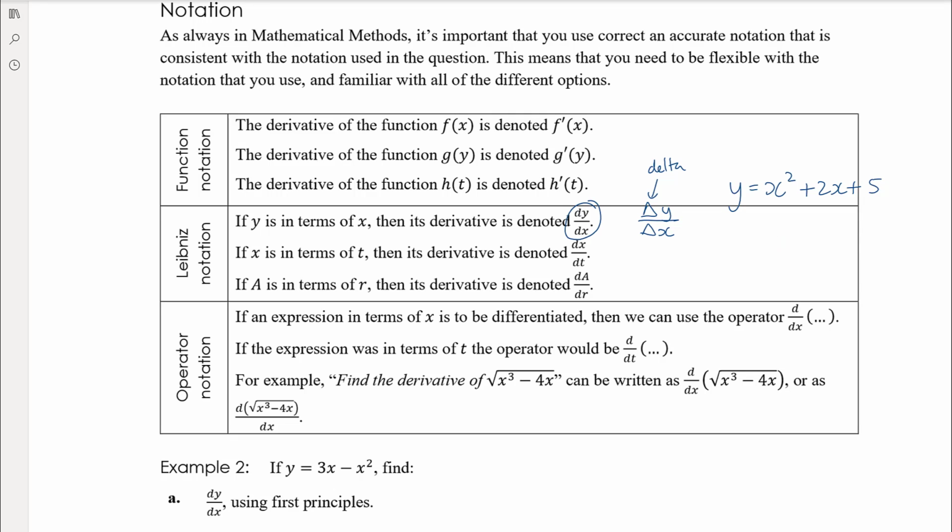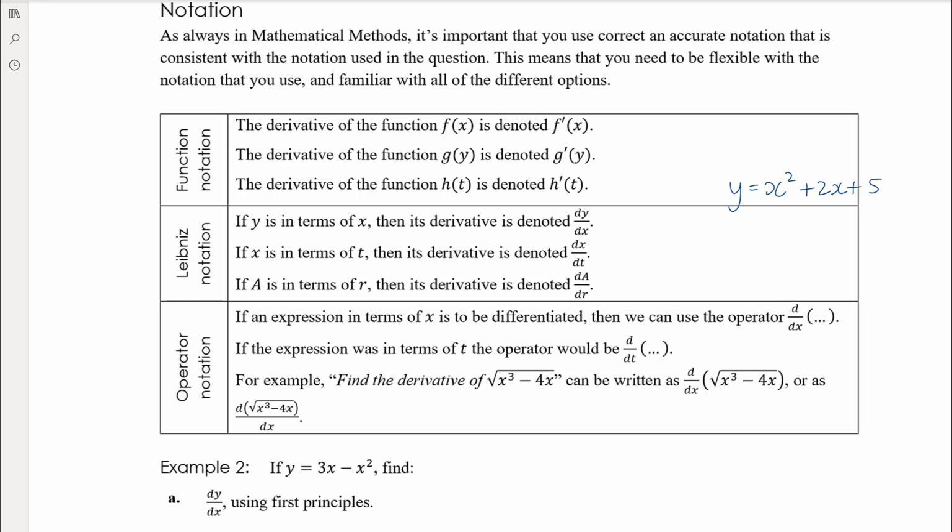So that's where that dy dx comes from. That's capital delta. Lowercase delta looks very much like a d, and eventually that's evolved into dy dx rather than delta y over delta x. So dy dx, change in y over change in x, gradient.